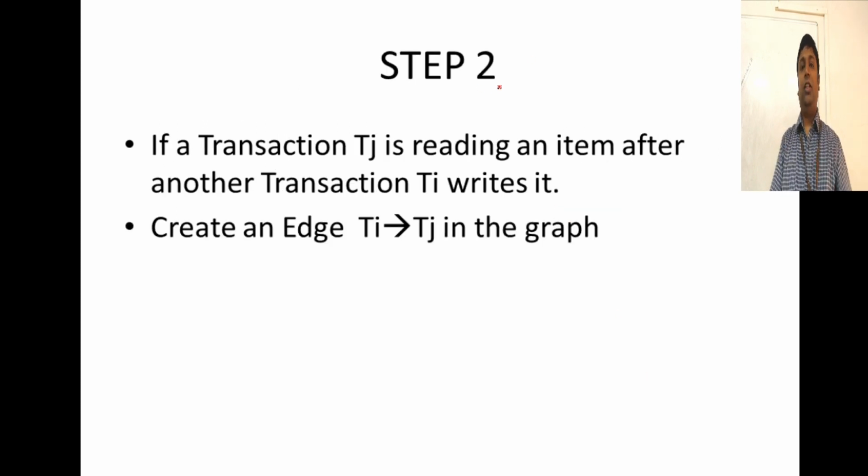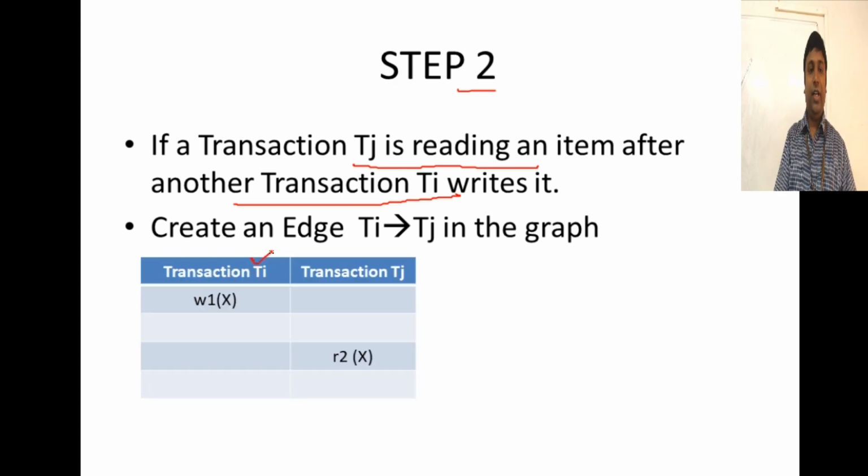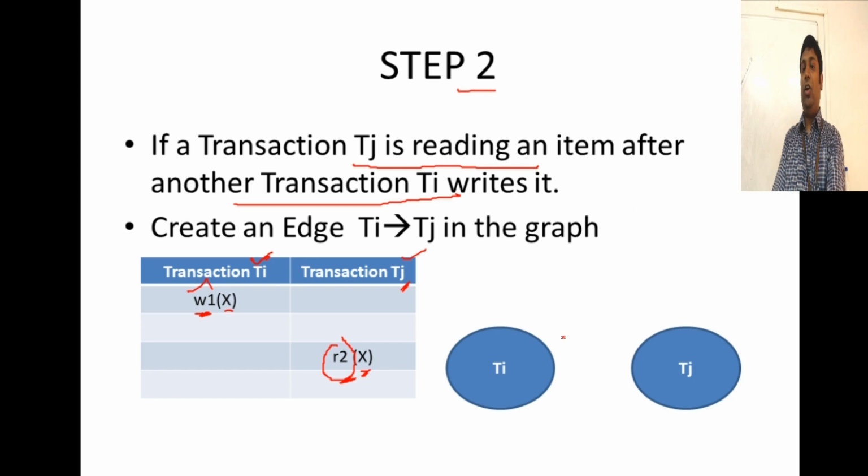Step two of the algorithm says this: if a transaction Tj is reading an item after another transaction Ti writes it. What does that mean? Ti and Tj are accessing item X, and Tj is reading an item that is written by transaction Ti. Then we already have our two nodes, and from Ti to Tj we have to construct an edge.